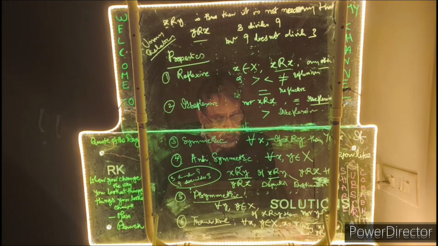These two can be true. Here it is not true, so it is asymmetric. In the transitive, for all x, y belonging to X, if x is related to y, then y is related to x. That is, it transmits its property with the relation to others.